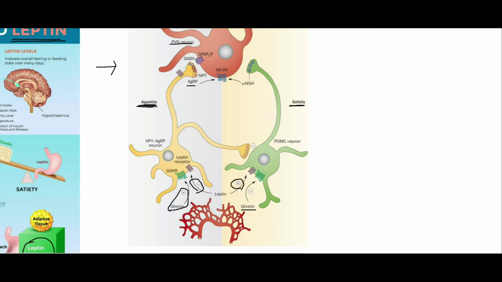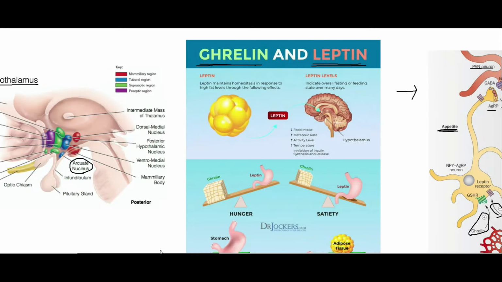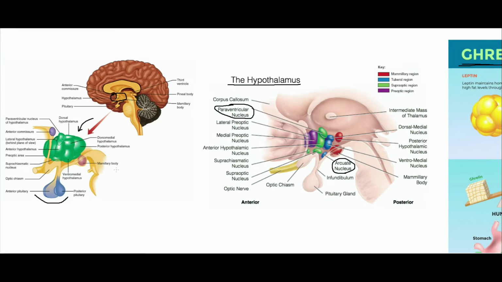They are the POMC neurons, and they activate the paraventricular nucleus, these MC4R neurons in the paraventricular nucleus, and that tells us to stop eating. And so, yeah, that is ghrelin and leptin, and this, once again, is all happening in the hypothalamus.